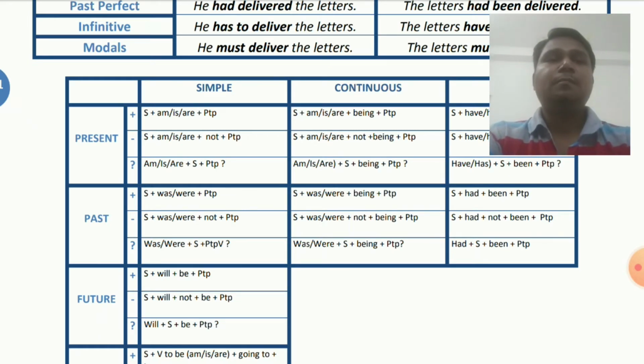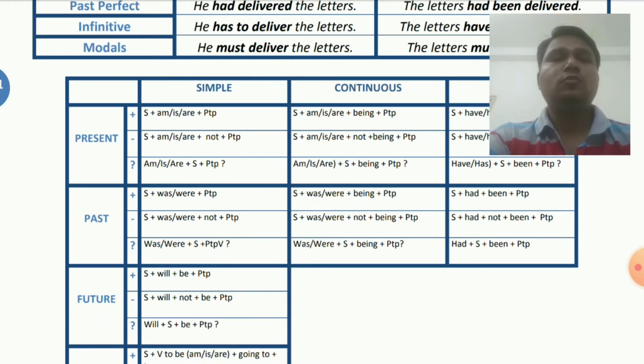Now let's see the past perfect tense. To make past perfect tense in passive voice, we have to use the formation for the affirmative: subject plus had plus been plus past participle. Next is negative sentence.